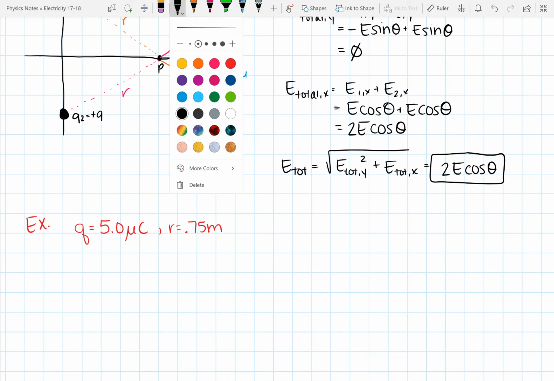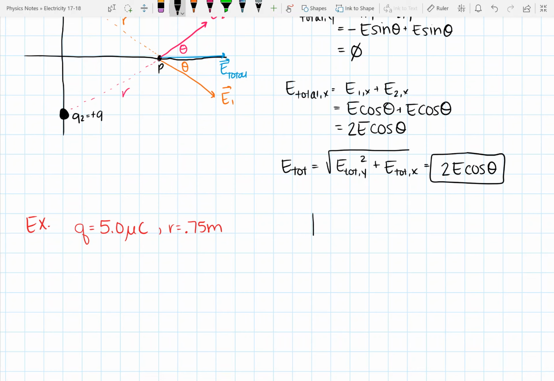Here's my drawing again. Okay, I have an X and a Y plane. I'm wanting to find the magnitude at the origin. This is my point P this time. Okay, so I have two charges.